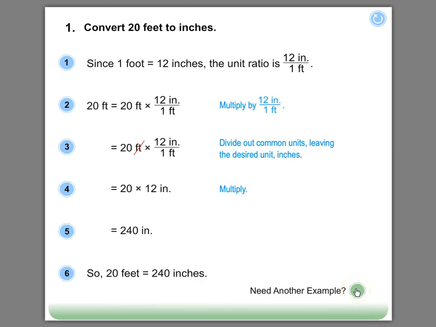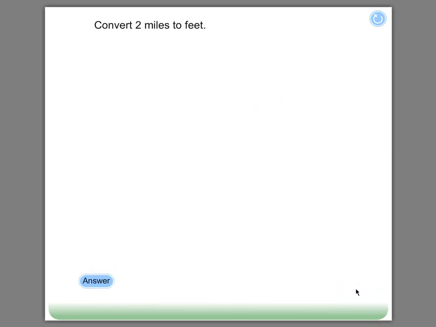Okay, here's your first journal question. This is for you. Convert 2 miles to feet. Remember to use the unit ratio, and I'll help you on this one too because there are 5,280 feet in each mile.